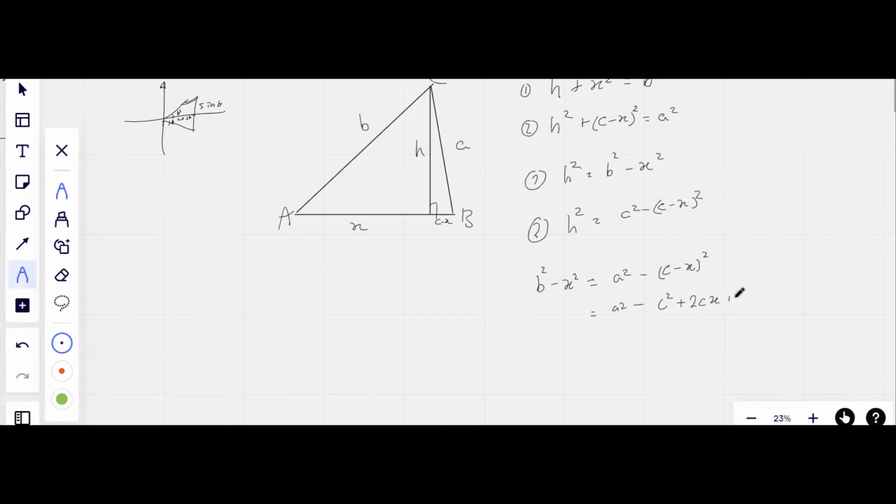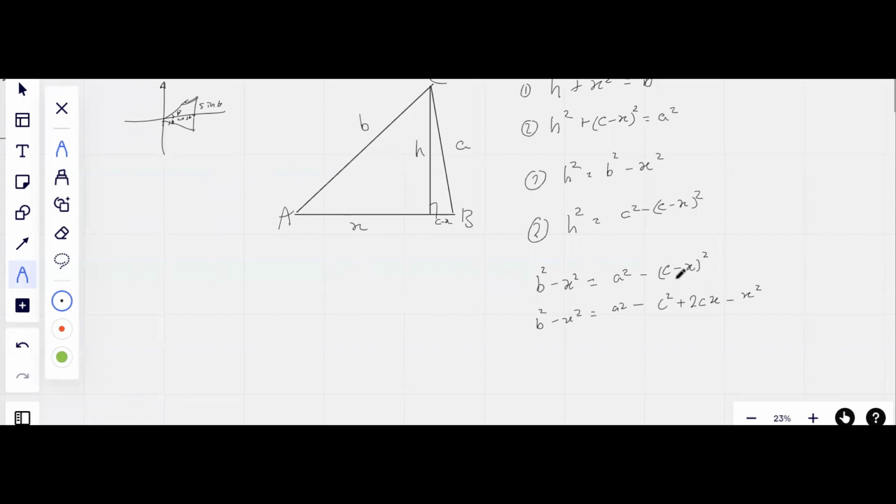When we open this bracket, it should actually be c squared minus 2cx plus x squared.